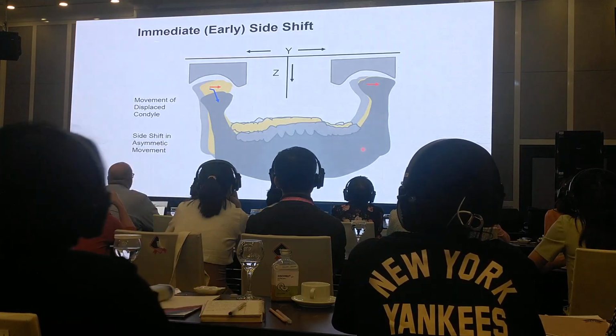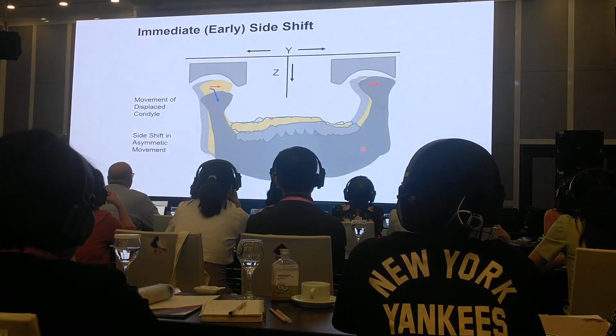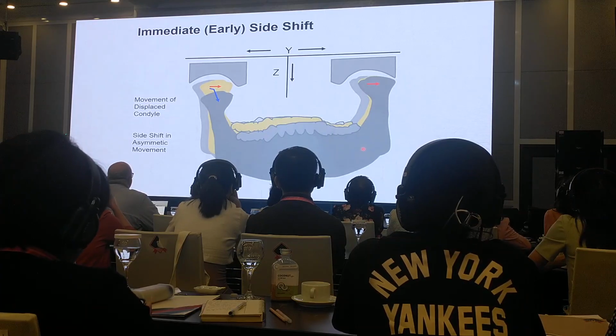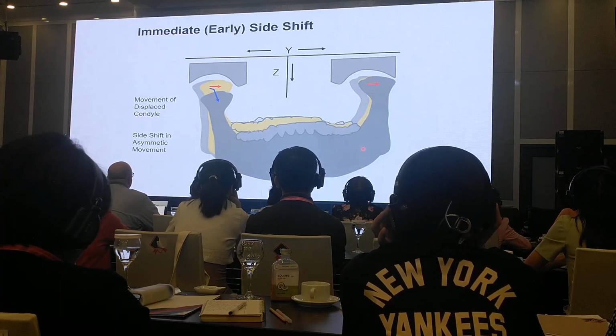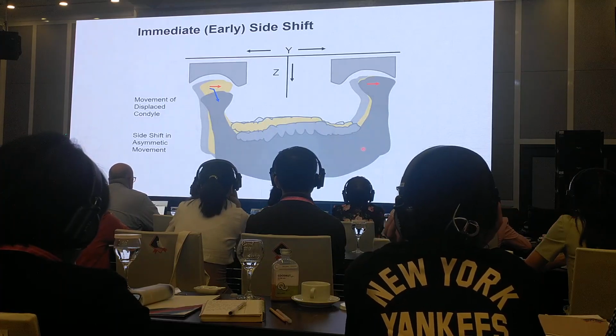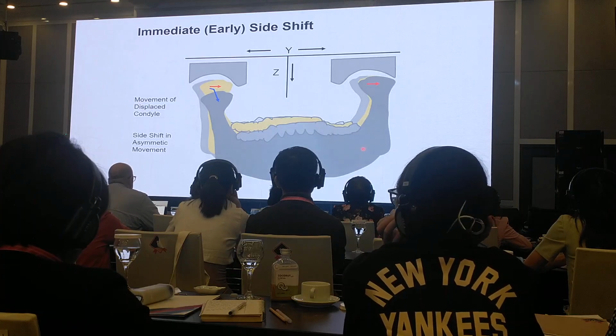Therefore, immediate or early side shift indicates a pathological mandibular position. Keep in mind. Okay.